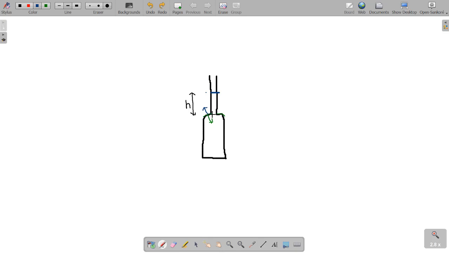This is true for all the points here. So basically it's like having an extra cylinder shape of water above here, where the pressure of the water acting down at this area is the same as the pressure the vessel acts on the water here.